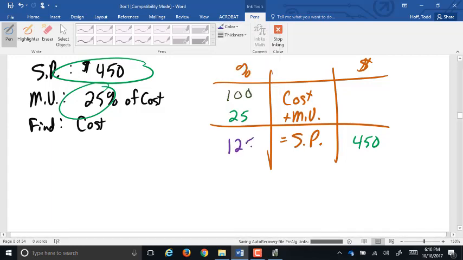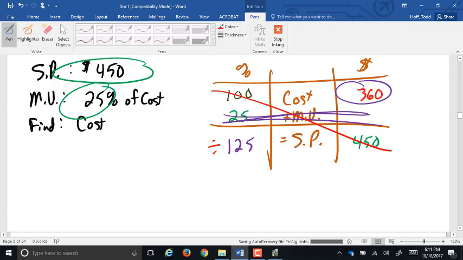So that makes this 125, and we are looking for the cost. So we don't need the middle row. 100 times 450 divided by 125 is going to be what? 360, right? Any questions there?